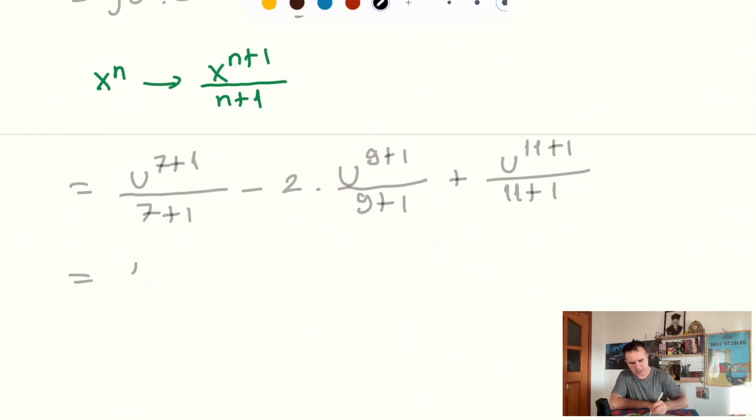The integral becomes 1 over 8 times u to the power of 8, but since u is equal to sine x, I will write sine to the power of 8x, minus 2 over 10 times u to the power of 10, sine to the power of 10x.